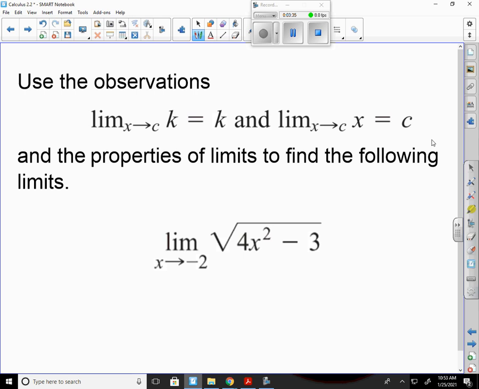Okay, again, the top part is the same. You don't have to rewrite that. We're only rewriting our new example here. And now you can see my limit is as x is approaching negative 2. It's not a c anymore.